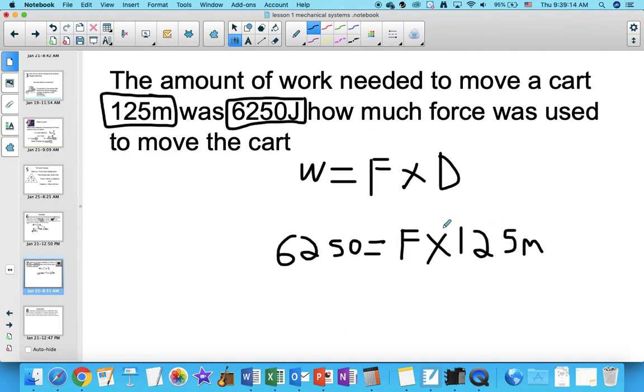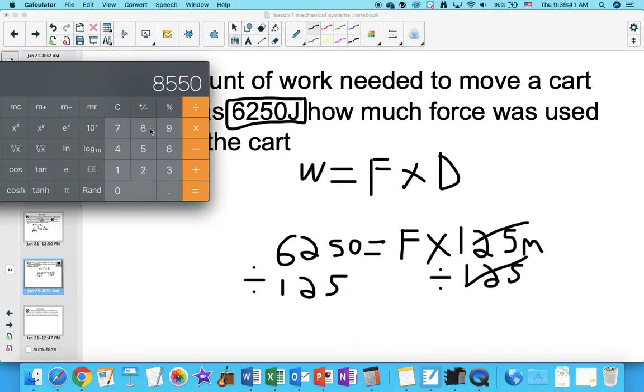Okay, so now I know this. So it's F times 125 equals 6,250. Now, if you know algebra very well, you know I want F by itself. I want my variable by itself. Well, F times 125, so I have to do the opposite, divide by this number, which will cancel it out. But whatever I do to one side, I do to the other, right?